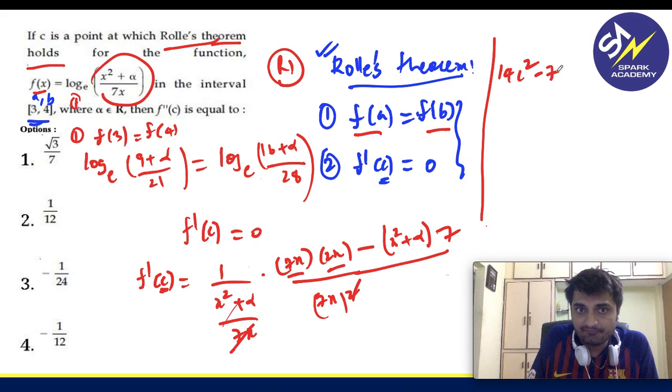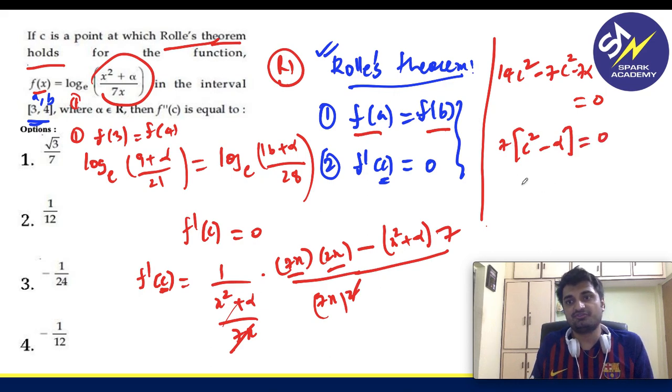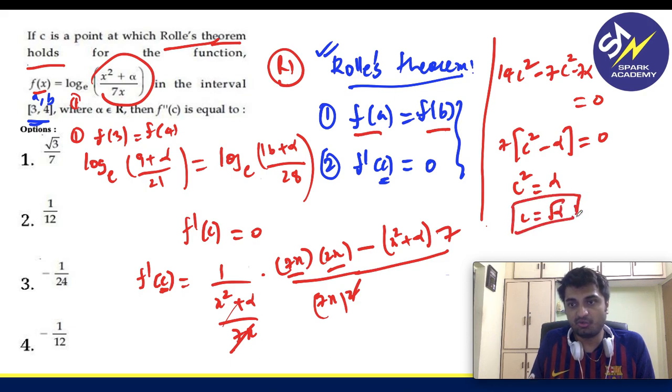So the denominator will go off, 14c square minus 7 times x square plus alpha, so this is 7c square minus 7 alpha. That should be equal to 0, or 7 common, c square minus alpha should be equal to 0, or c square basically is alpha. C will be basically under root of alpha.